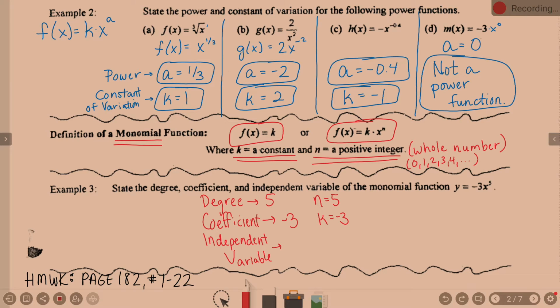X is always our independent variable. So your answer: degree is 5. That came from n. That was our power. Coefficient is negative 3. That's the k value out front. Independent variable is x. That's your input. Okay. That's what stands alone.